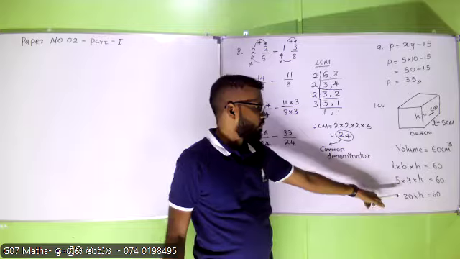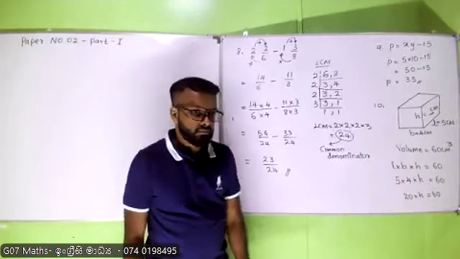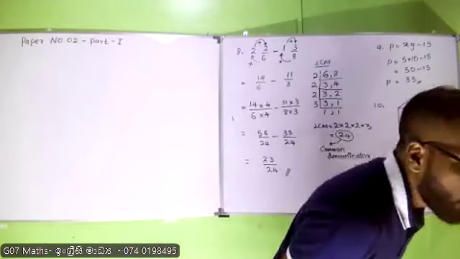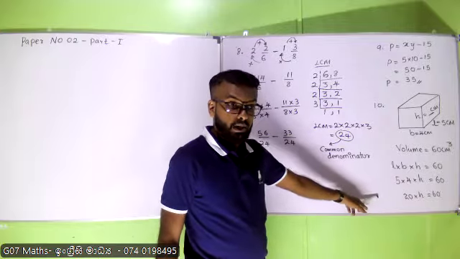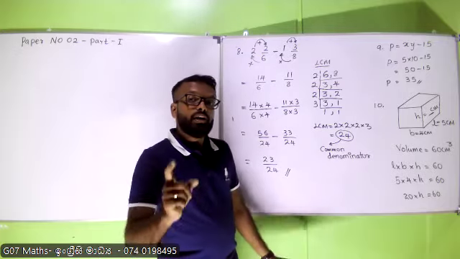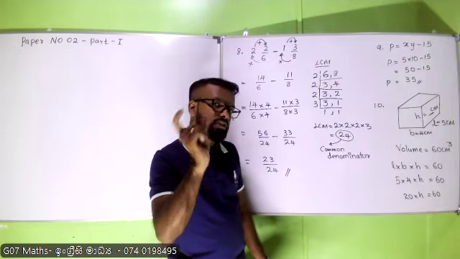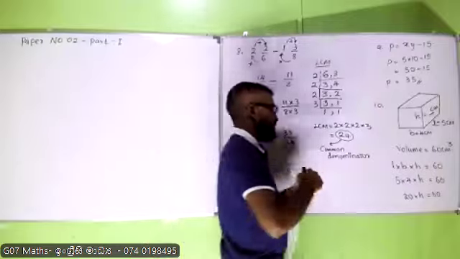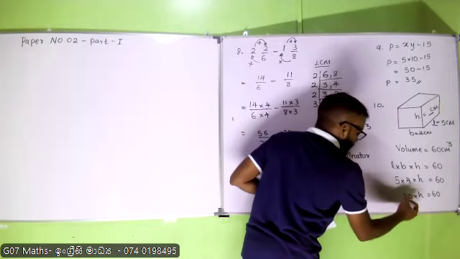What is the opposite of multiplication? Divide both sides by which number? 20.